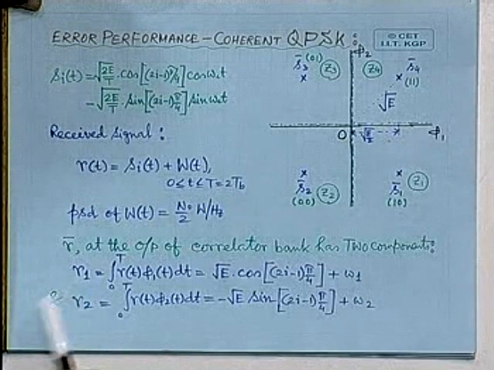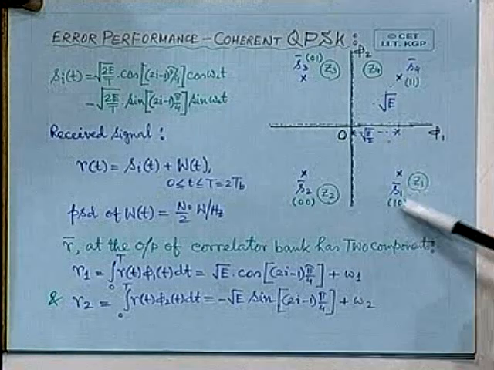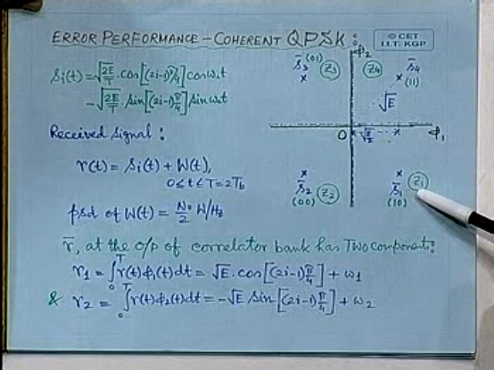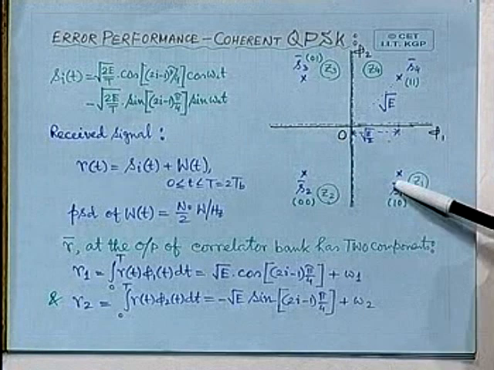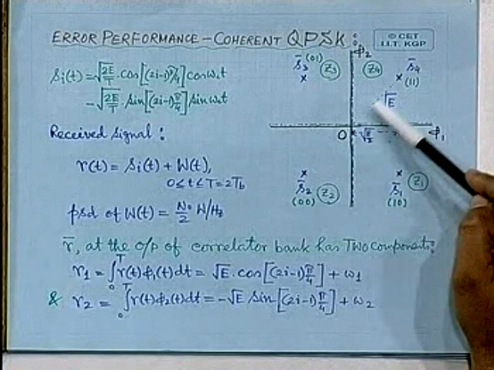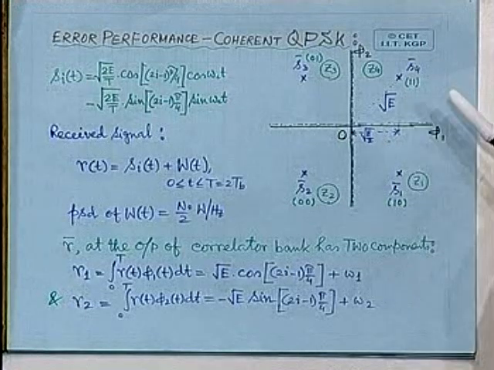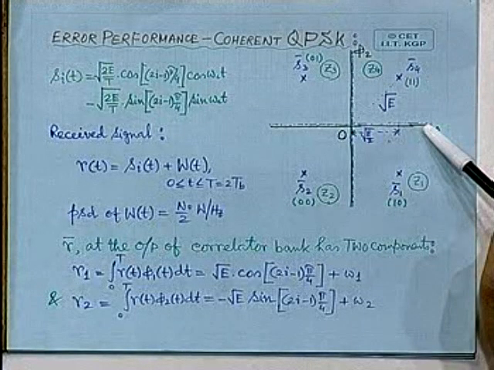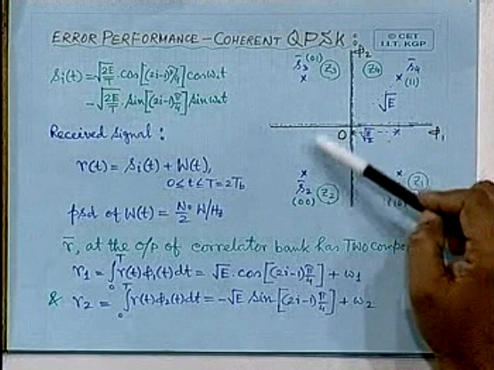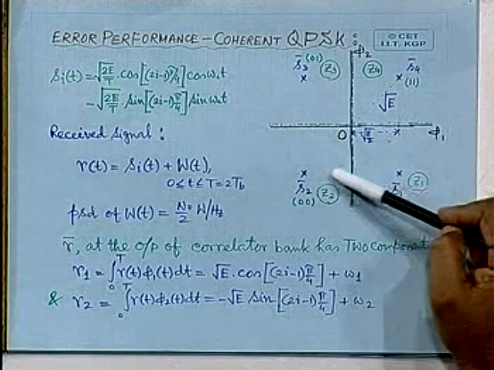Now, do you recognize this diagram? I have redrawn it. What I have done is that I have shown the signal points, and the corresponding energy is also indicated, and by these green dotted lines I have indicated the decision zones, isn't it? There are 4 decision zones.